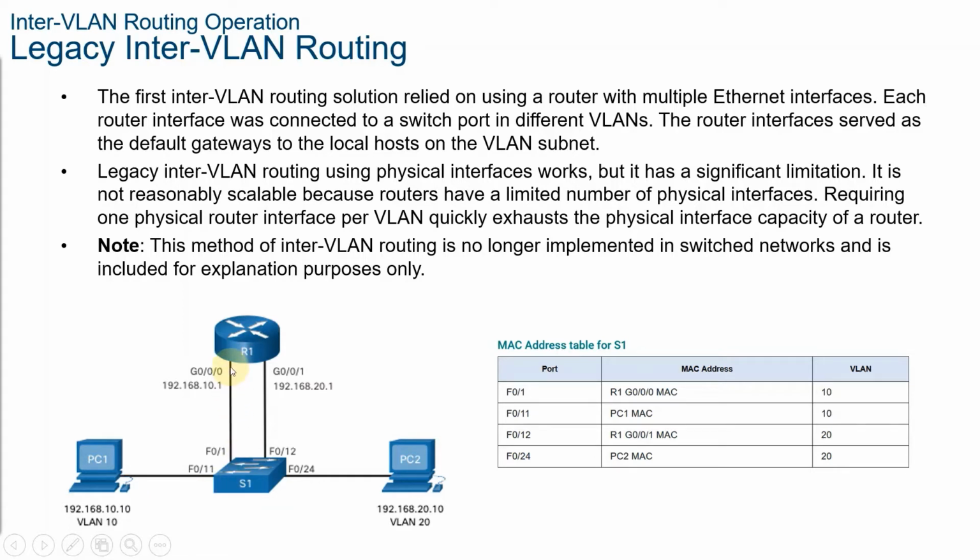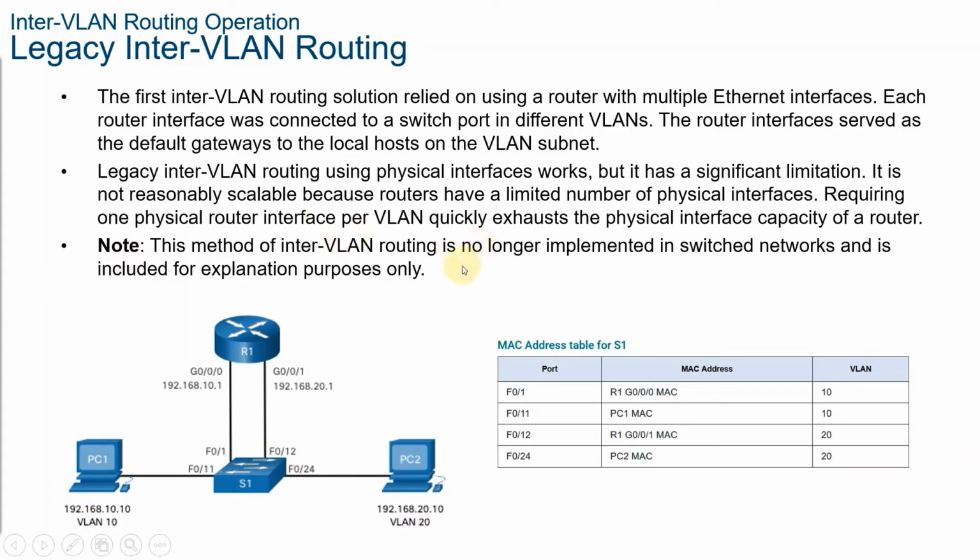R1 receives that packet on its G0/0/0 interface and examines the destination address of the packet. R1 then routes the packet out its G0/0/1 interface to the Fa0/12 port in VLAN 20 on S1. Finally, S1 forwards the frame to PC2.